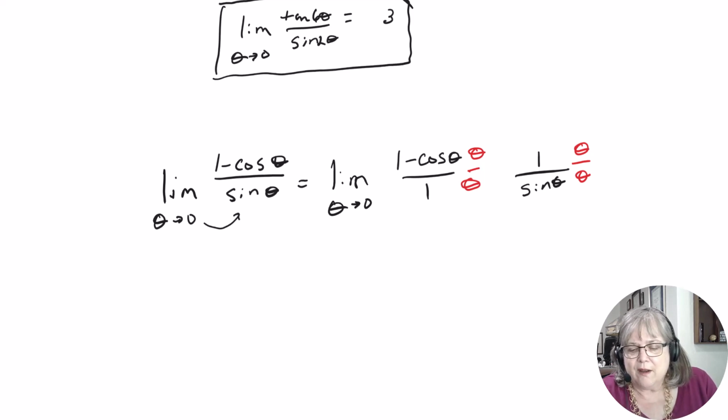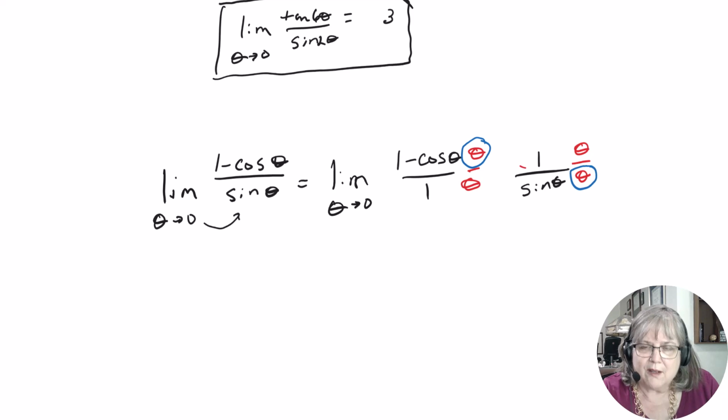Eventually, this theta and this theta are going to end up canceling each other out. So you think, well, why can't I just throw this theta in here then and this theta in there?